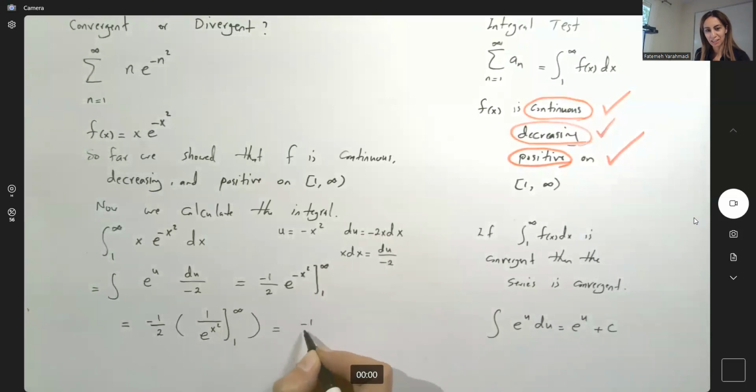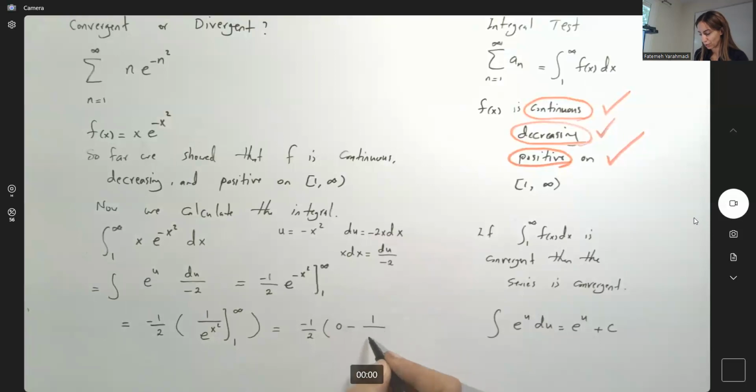So you have negative 1/2 times, 1 divided by e to the power infinity, which is 0, minus 1 divided by e to the power 1. So this is equal to 1 over 2e.